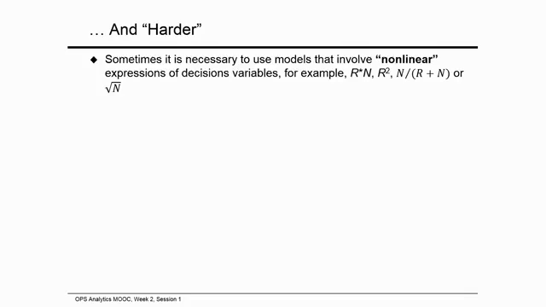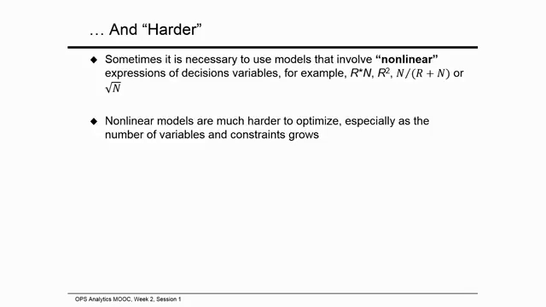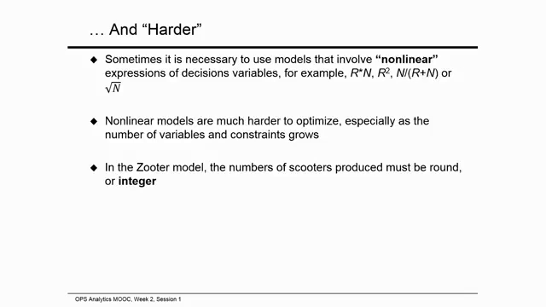Then there are harder to optimize models. One example of harder models is nonlinear models. When a model contains products of decision variables, ratios of decision variables, powers of roots of decision variables, anything beyond linear function, such model is nonlinear, and those models are harder to optimize, especially if they have large numbers of variables and constraints. Even if your model is linear, adding integer requirements on the decision variables can also significantly complicate the optimization process.